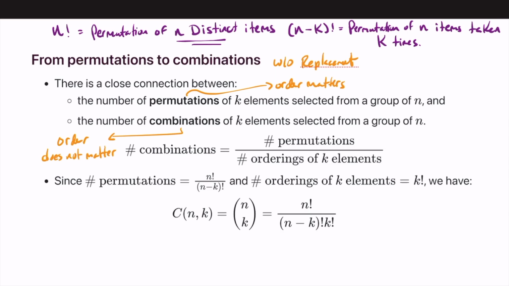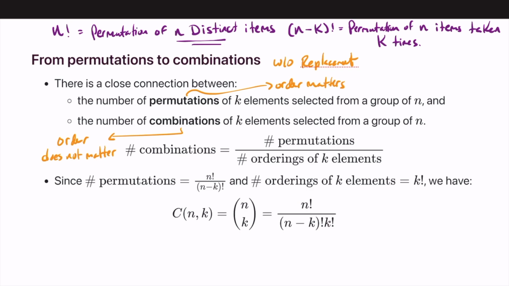Or that's to say also it's the number of ways to arrange k items out of a total of n items. And so that kind of gives us this part here, the factorial.